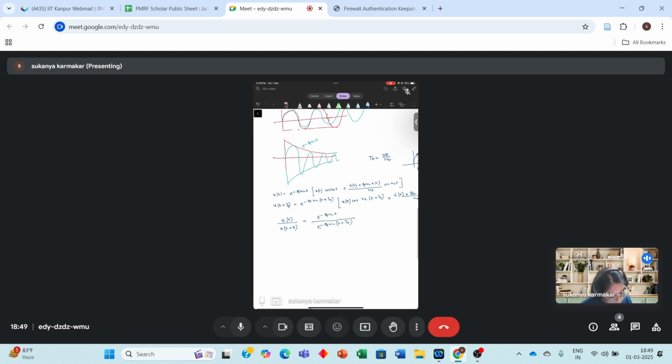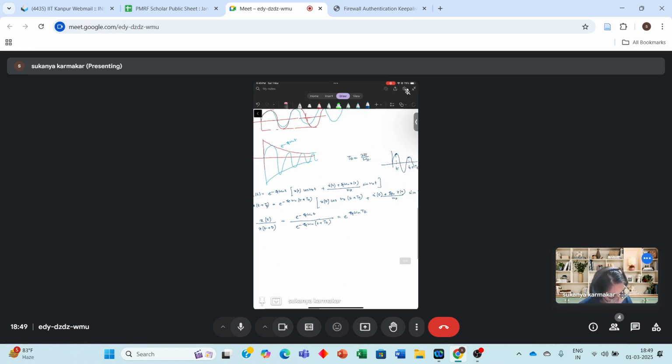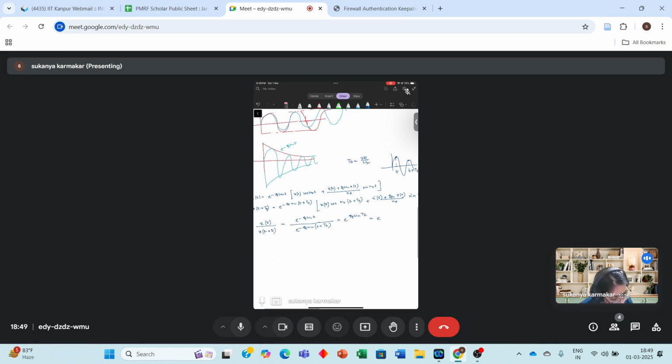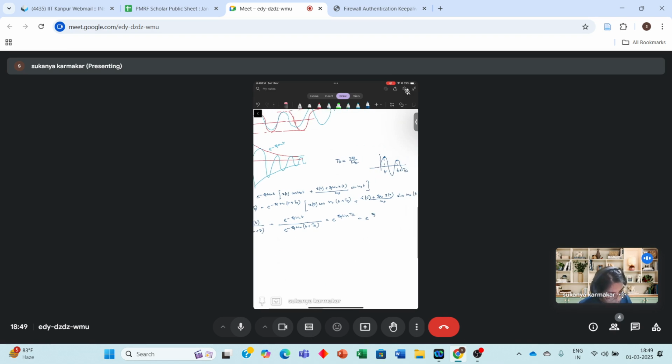So how can I solve this? I can write this as e to the power, I can move this up, so it will be zeta omega n TD. When I move this up, it will be subtracted. Is this fine? Yes. So how can I write this? e to the power zeta, let's keep zeta.